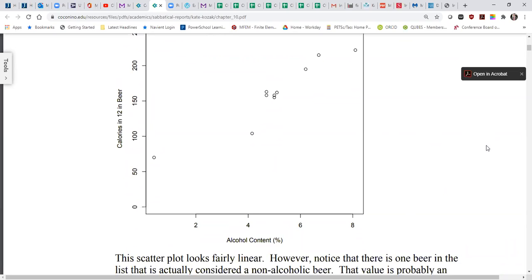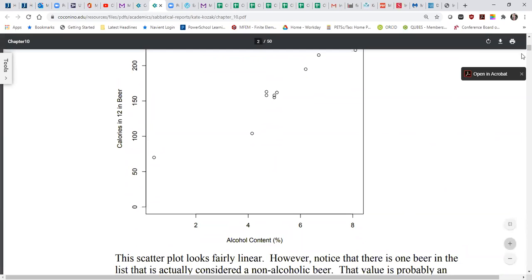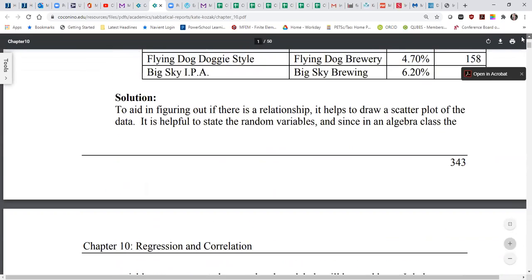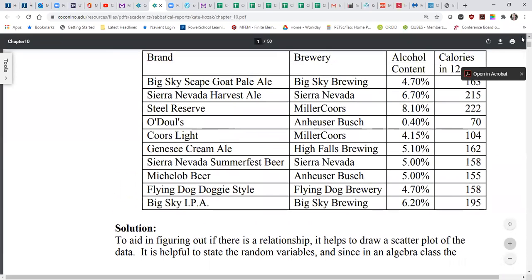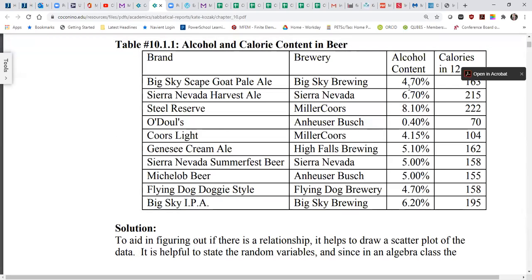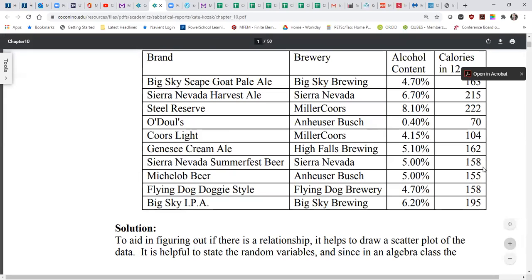For example, you can start with alcohol content. The smallest one will be this one, you can see it is 0.4.